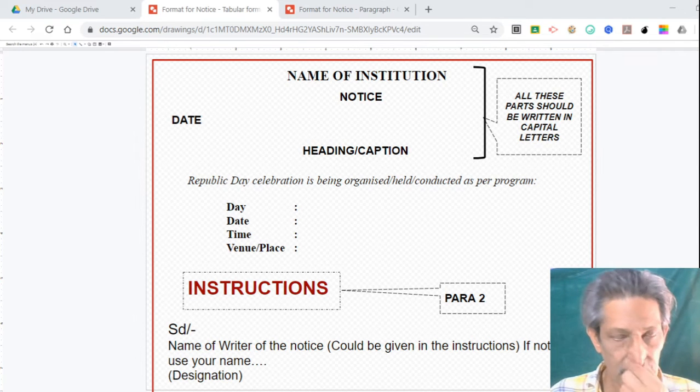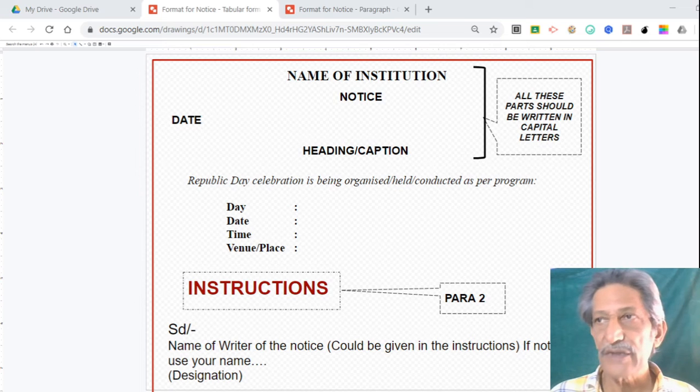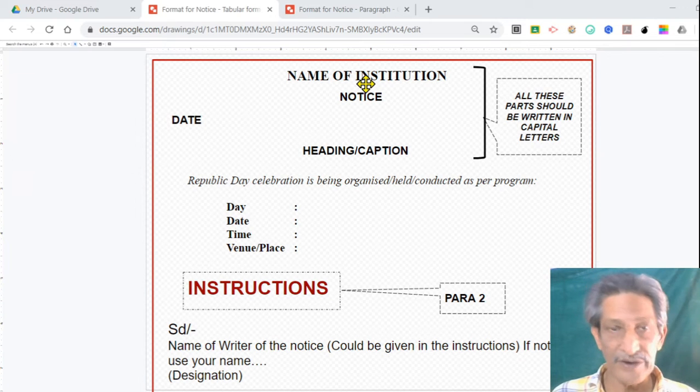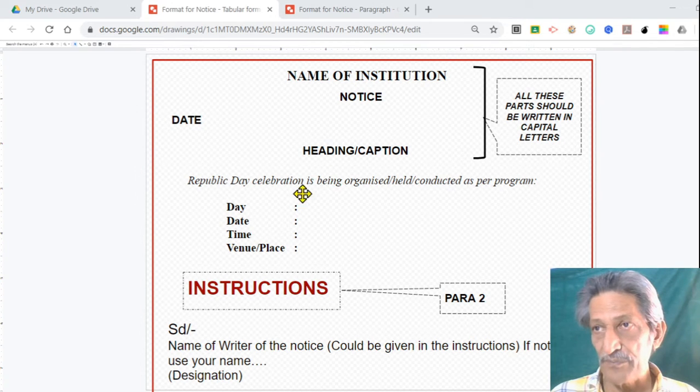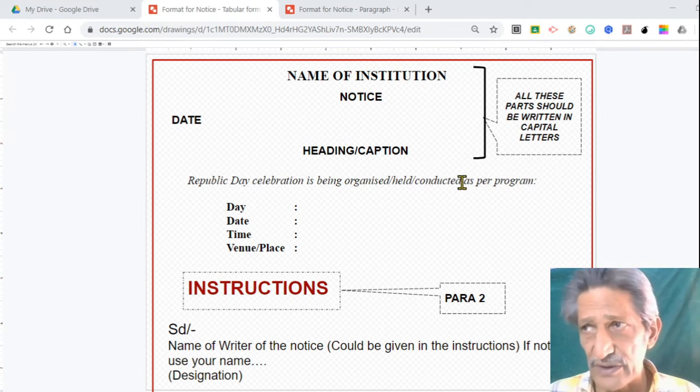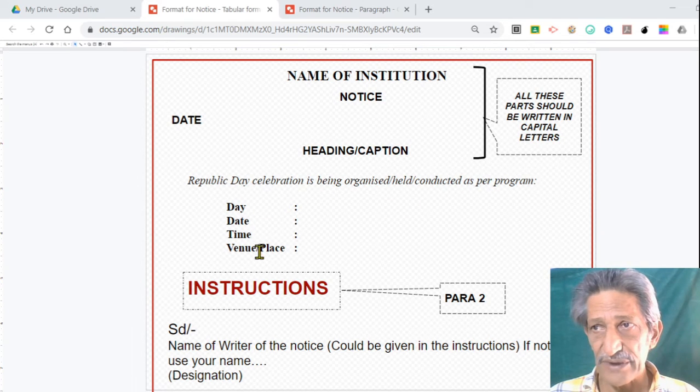The second type of notice is called the tabular form, in the format of a table. If you look at this on top, Republic Day celebrations are being organized, held, conducted. Three basic verbs I can use here as per program. And very neatly you can write the day, date, time, place and venue.